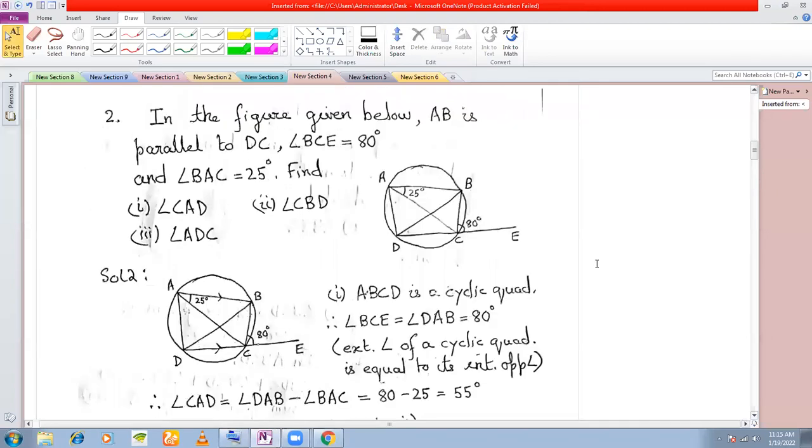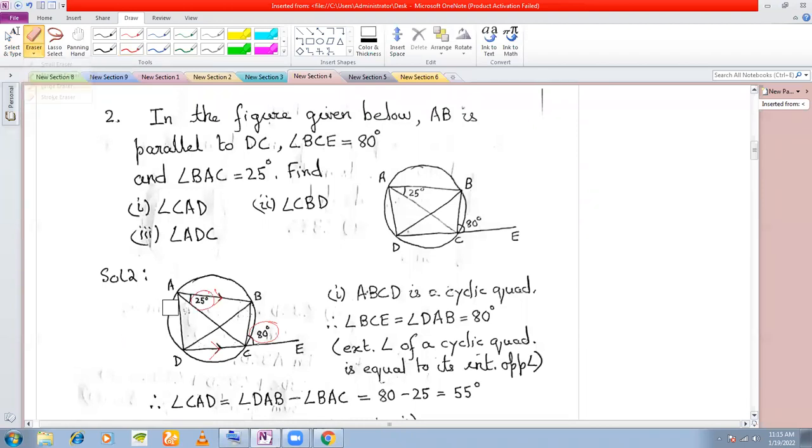In this question, in the figure given below, AB is parallel to DC. Okay, so it is given here that these two lines AB and DC are parallel, which I have marked. Angle BCE is 80 degrees, so this angle is given here to be 80 degrees. Angle BAC is 25 degrees, so this angle is given to be 25 degrees.